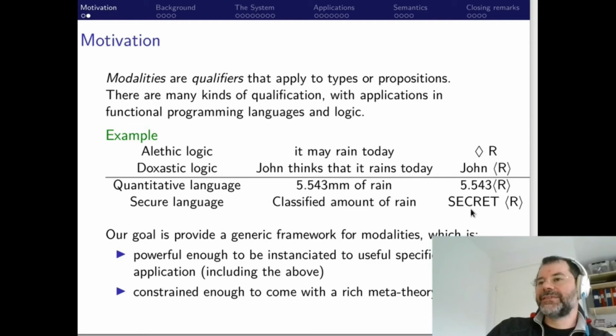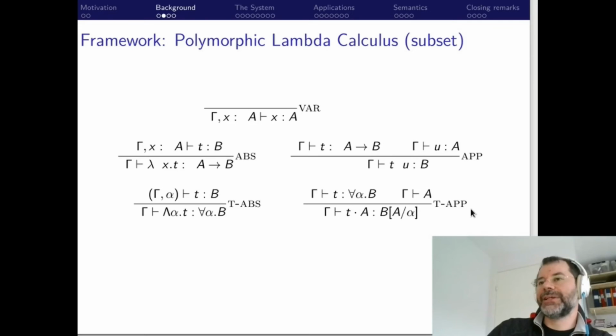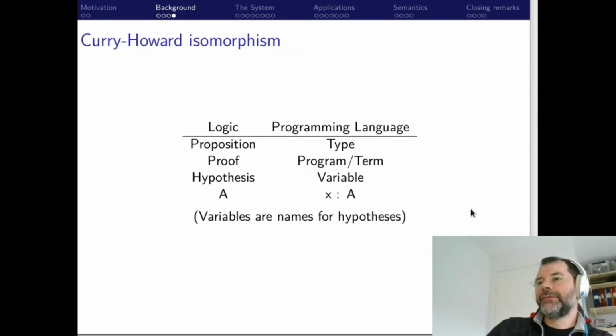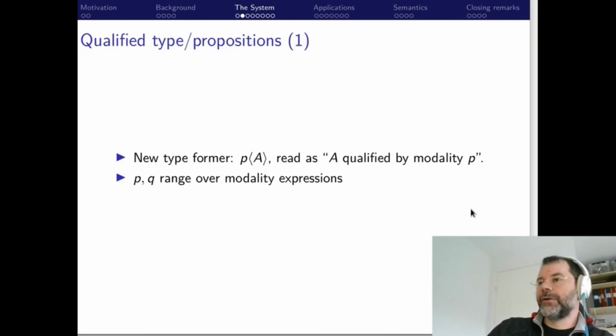Our work is set in the framework of System F, also known as the polymorphic lambda calculus. I am going to assume familiarity with it. Also, I assume you know that they are isomorphic. If you watch this video offline, feel free to pause and read the slides at your own pace, or you can consult the paper and come back later. As suggested by the examples that I've shown above, we add a new type former, boxed P A, which I will just read out as PA in the future.